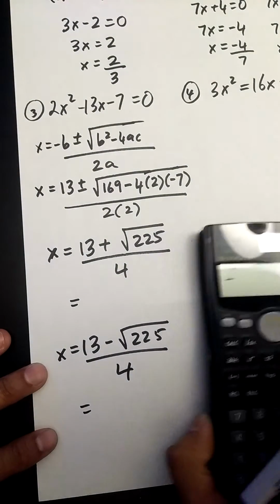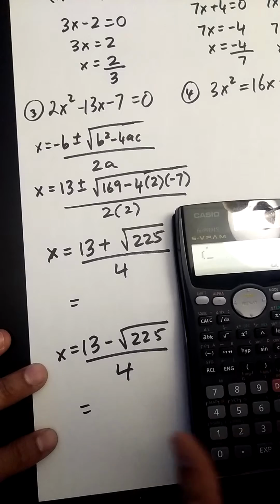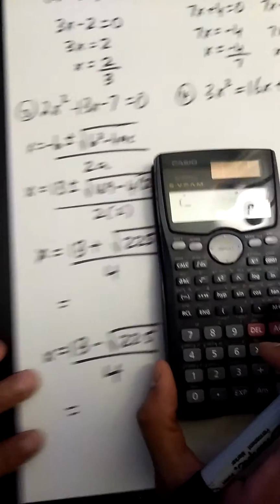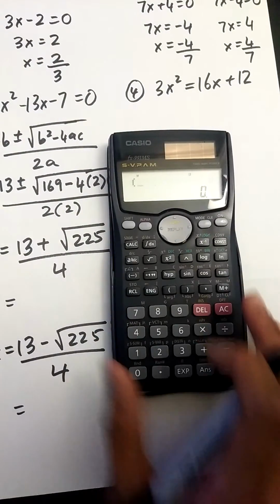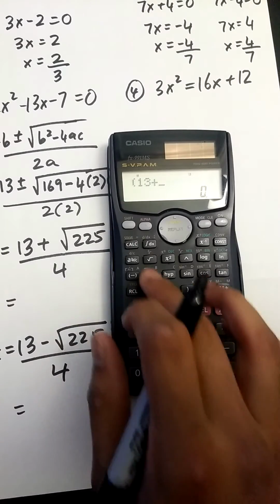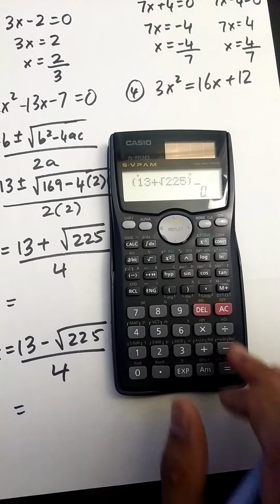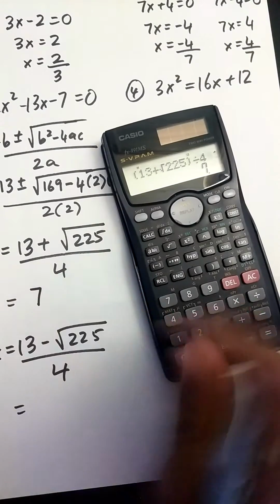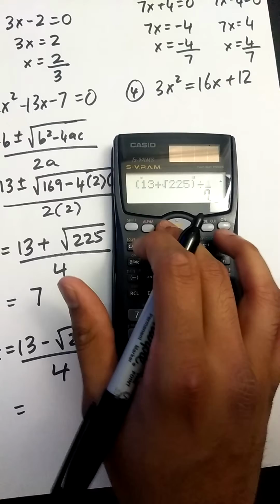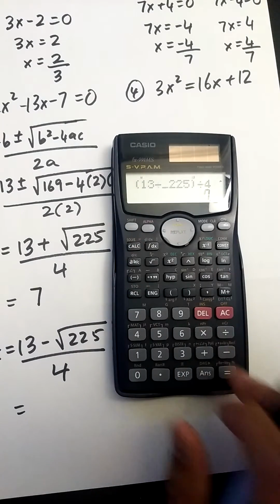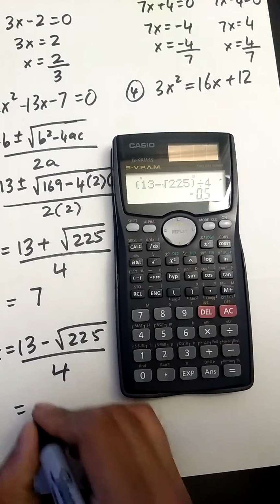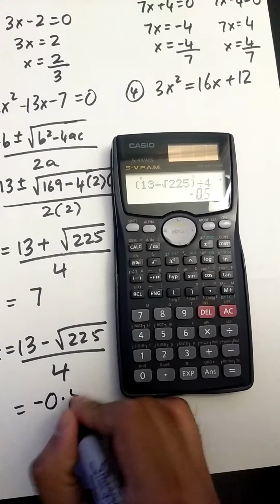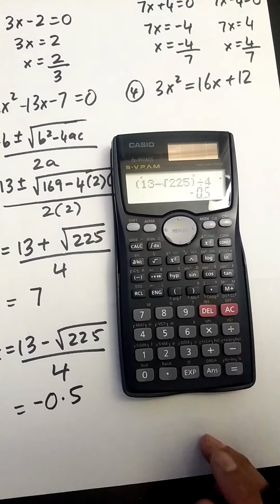So again, if I'm doing this in my calculator, make sure you include a bracket for the top. So 13 plus root 225 divided by 4 is 7. And then I'm just going to change this plus over here to a minus for my second solution. I get my second solution is negative 0.5.